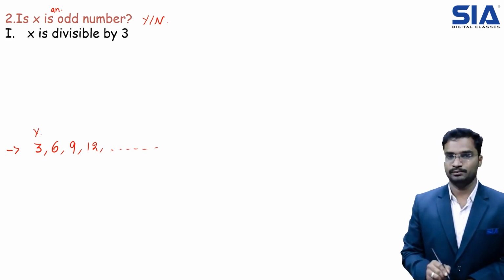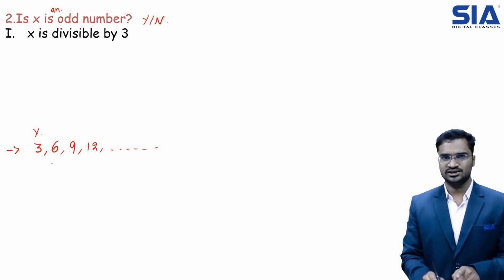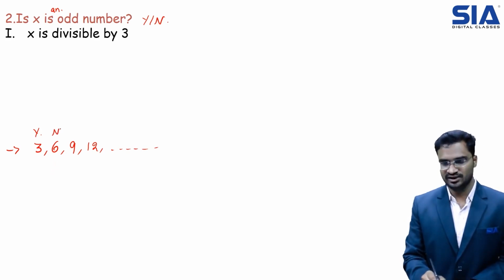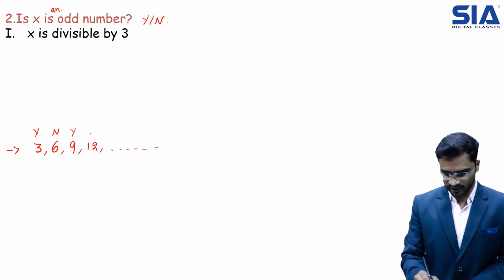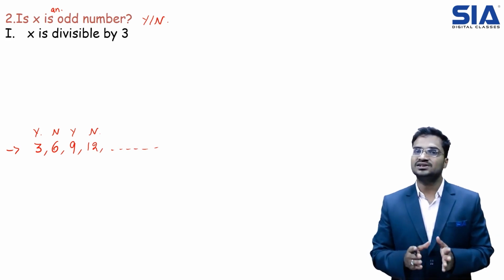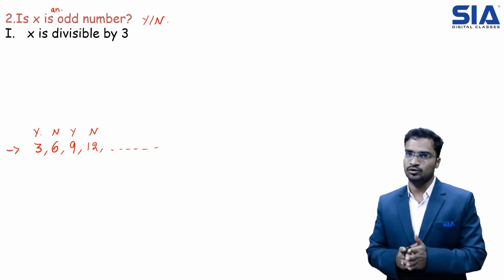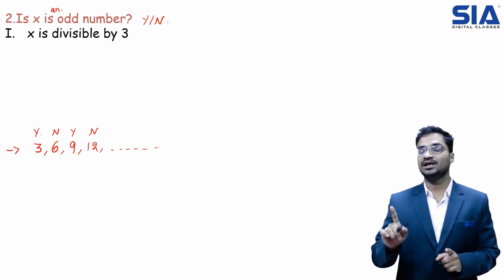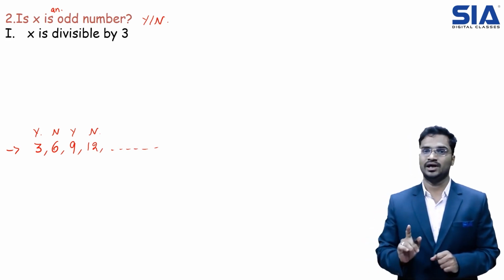Yes, it is an odd number. If x value is 6, is x an odd number? No. Here we are getting yes and then no. Then 9 is an odd number, 12 is not an odd number. So here we are not getting a fixed yes or no. We are ambiguous about this question. So statement 1 alone is not sufficient to answer this question.